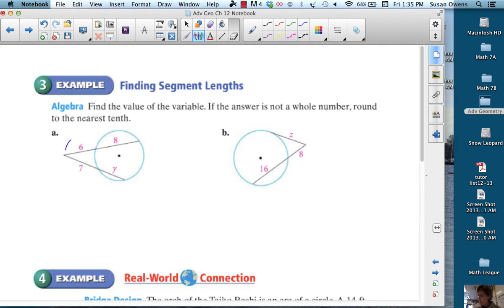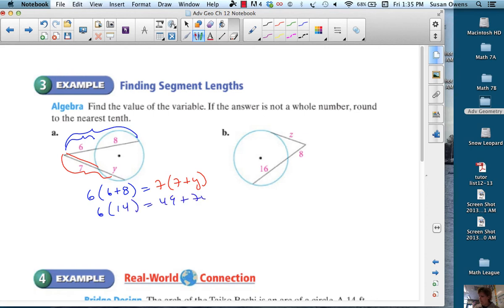So according to this one, if we go from the point of intersection to the first place it crosses the circle times the intersection point to the second place it crosses the circle, which is 6 plus 8, that should be equal to, whether we do it this way, we go to the first intersection point and then we go to the second one, in which case we have to go 7 and then Y more. So 6 times 14 equals 49 plus 7y.